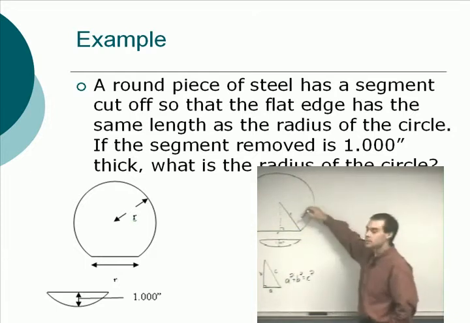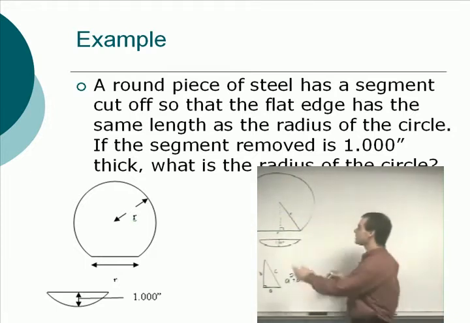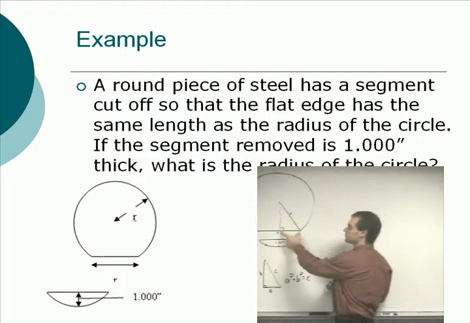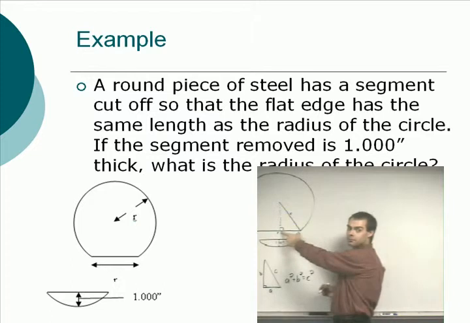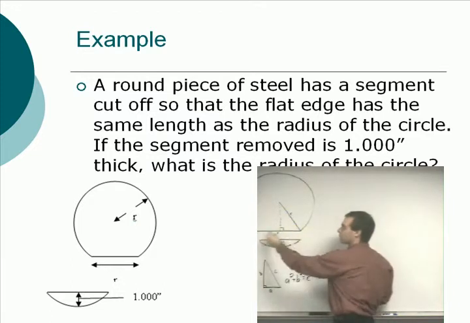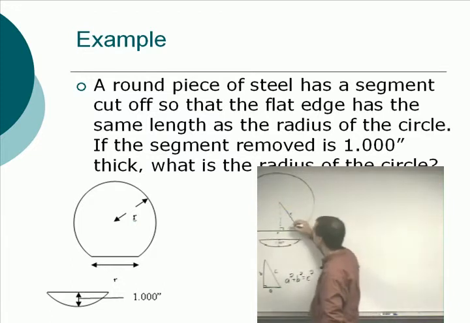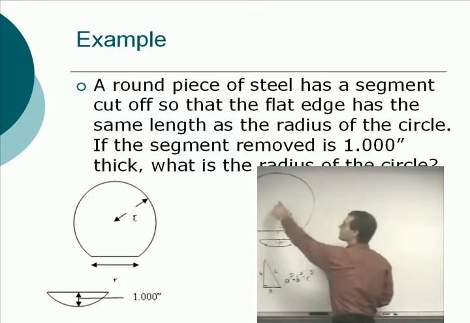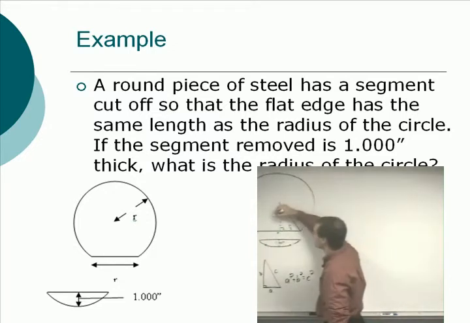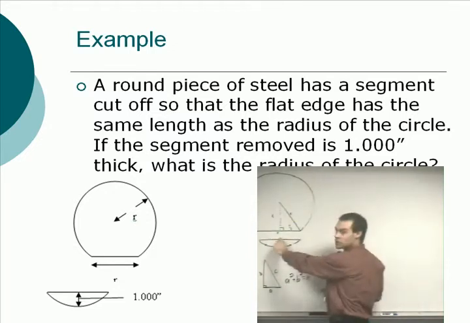Now we know what the hypotenuse is. That's r. What is this side down here? Half r. Right? Half the radius, because this flat spot is the length of the radius. So this is r over 2. And what is this side? r minus 1, exactly. It's the radius missing 1 inch.